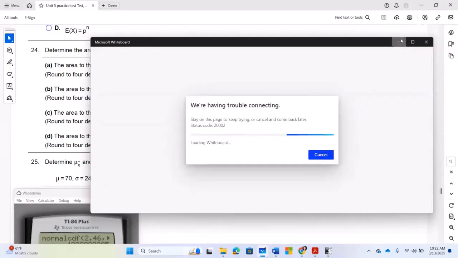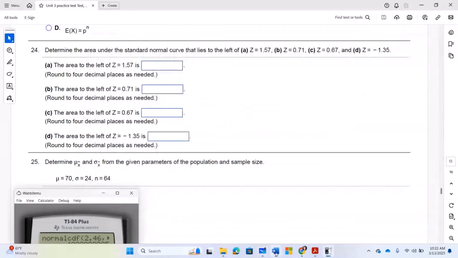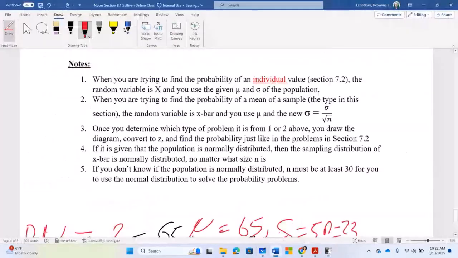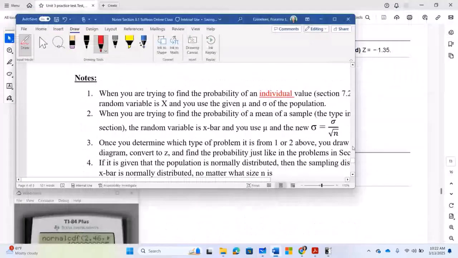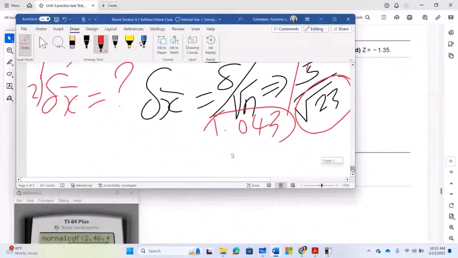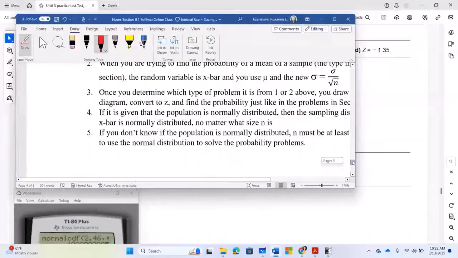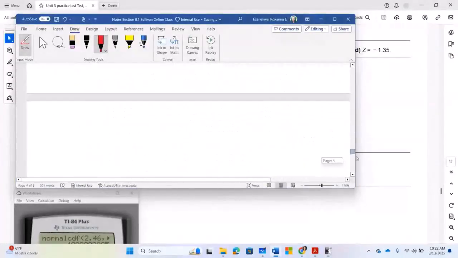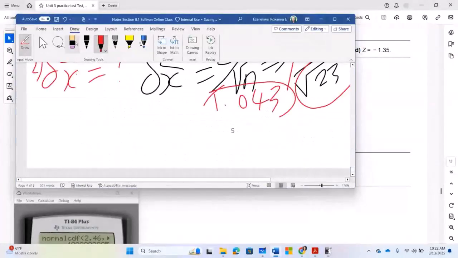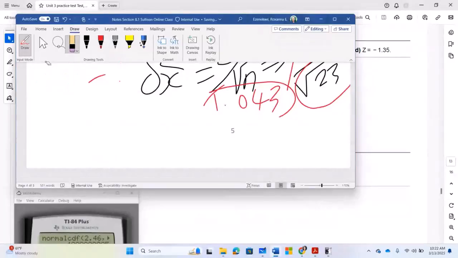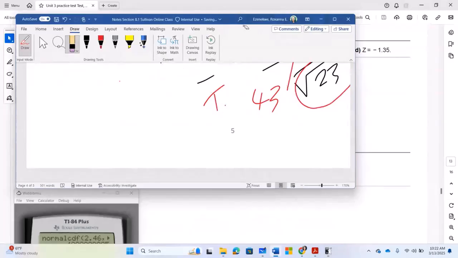I might as well do it in Microsoft Word. I hope this one acts better than my whiteboard. So this is Microsoft Word.